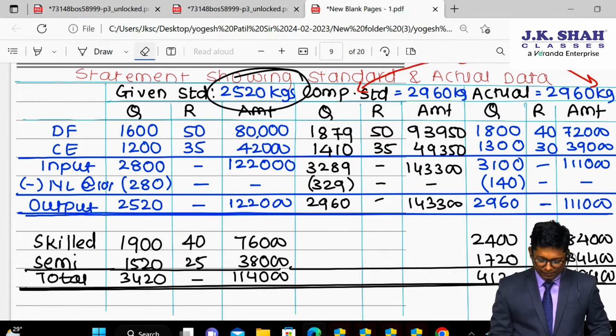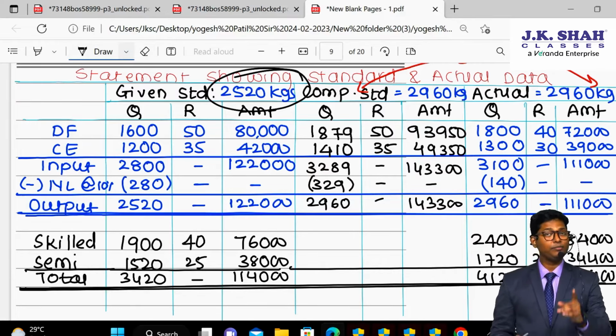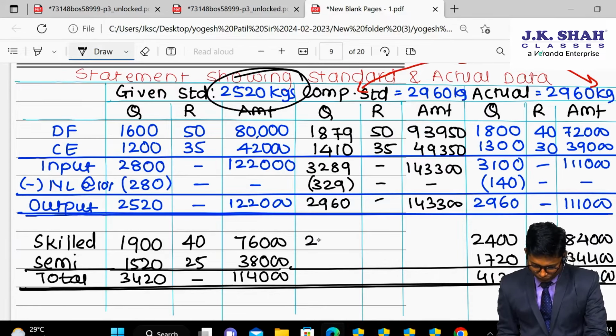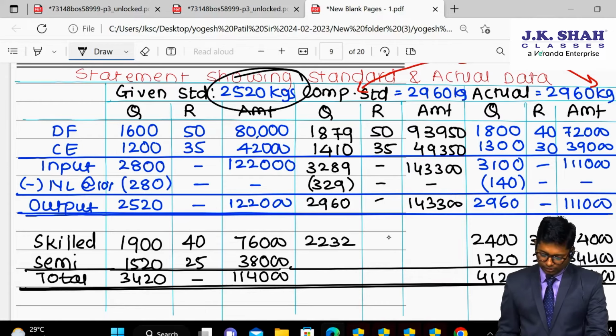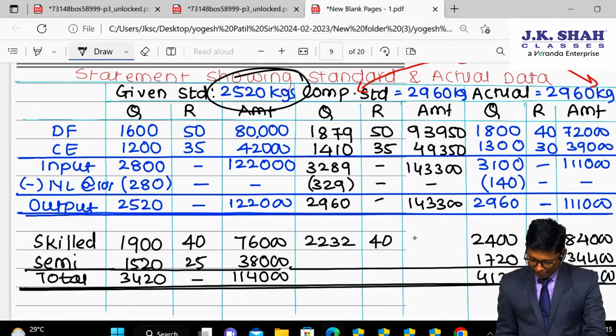For calculation purpose, again cross multiplication is needed. 1900, listen to me very carefully, 1900 into 2960 divided by 2520 will give you one fractional value. It is 2232 at the rate of 40, which is 89,280.